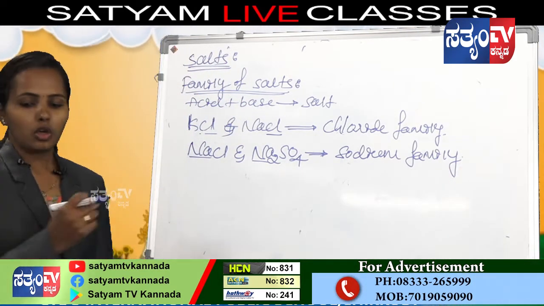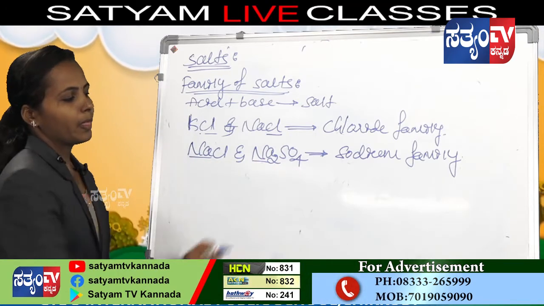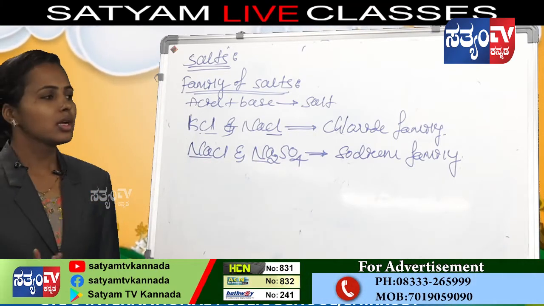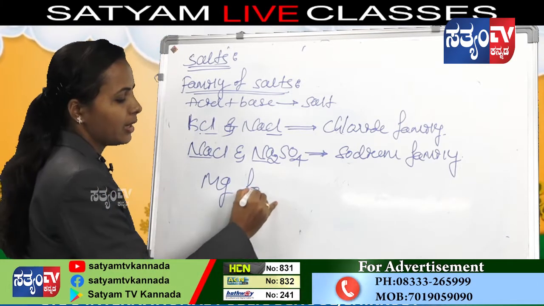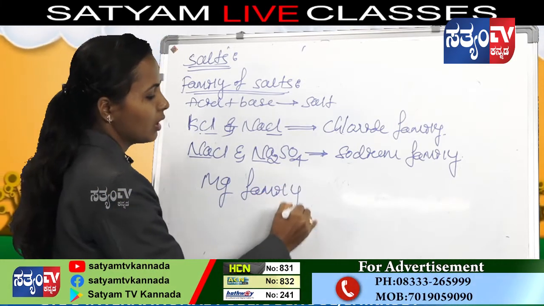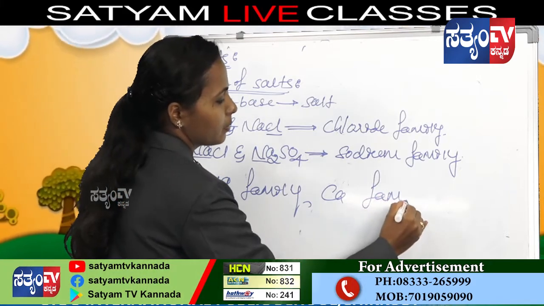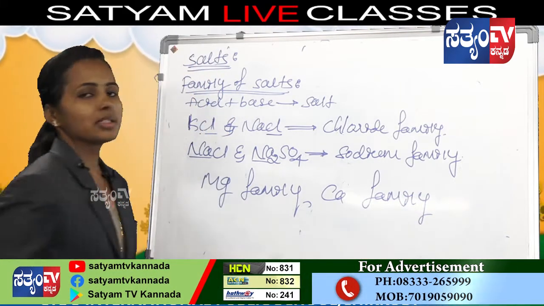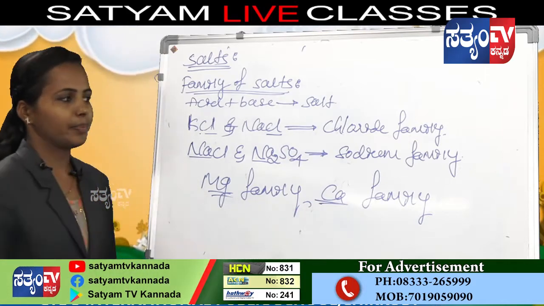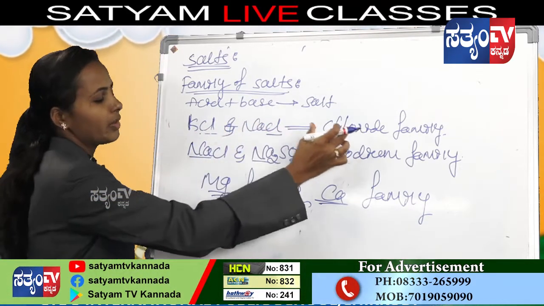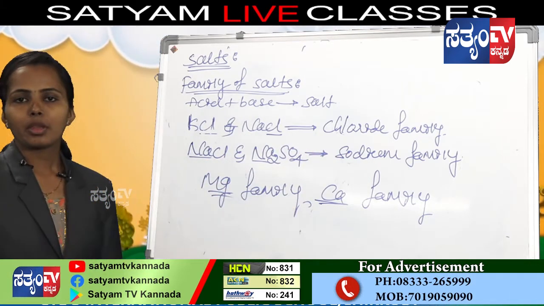What is the common thing? Na and Na. These two salts belong to the sodium family. Similarly, there are the magnesium family and the calcium family, where the salts have Mg and Ca, calcium, in common.